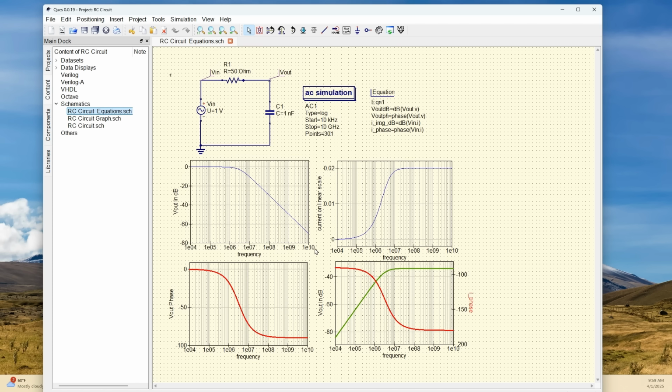As we approach 1 gigahertz, this becomes 0 reactance and thus sucks all the current down to ground. If we would change this capacitor to where the resistor is and bring the resistor to here, we'd make a high pass filter. Then as this approaches 0, as it approaches 1 gigahertz, all the voltage would be dropped across the resistor.